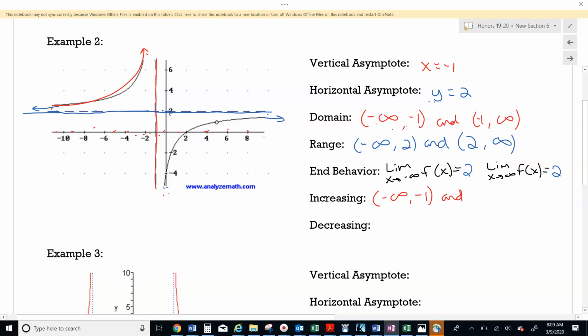At infinity, it's over here. It's gone from lower to higher. This piece is also increasing. Therefore, all of our pieces of our domain are increasing, and there is nothing that is decreasing in this graph.